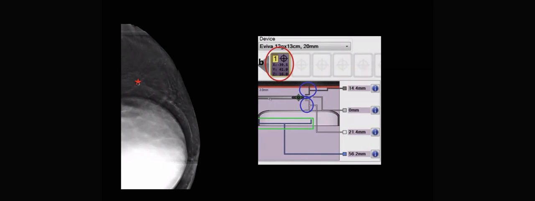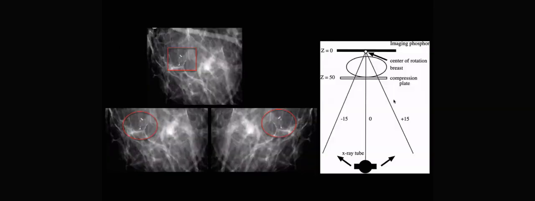You take a tomosynthesis image in one direction, and then you will scroll to see where the target is.